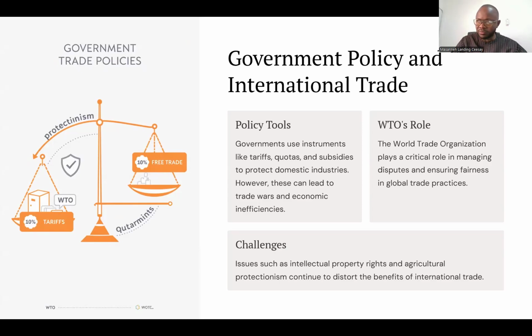There exists a UN body called the WTO, World Trade Organization, and the purpose of this organization is to manage trade disputes that usually emerge between countries, and also to ensure there is fairness in global trade practices. As you know, there is heterogeneity among countries across the globe. We are at different levels of development.